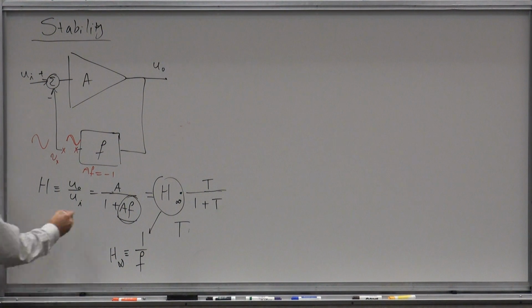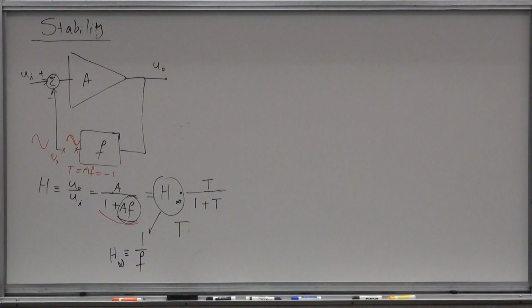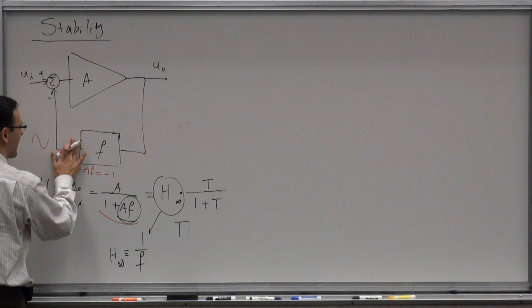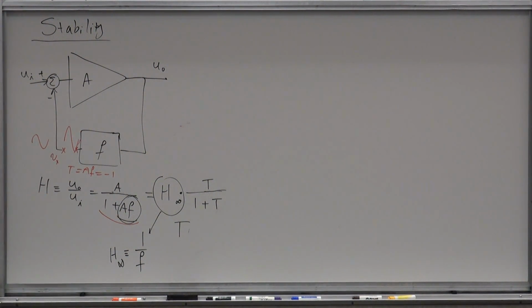So what happens with this transfer function? If you have a minus 1, it blows up. But it only blows up for an AF of minus 1. If it came back exactly in phase, but double the amplitude, for the sake of argument, what would you get?